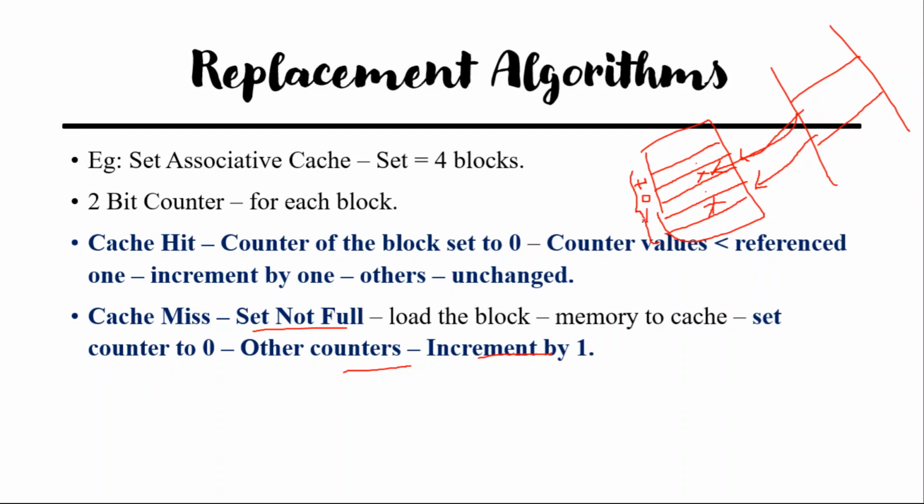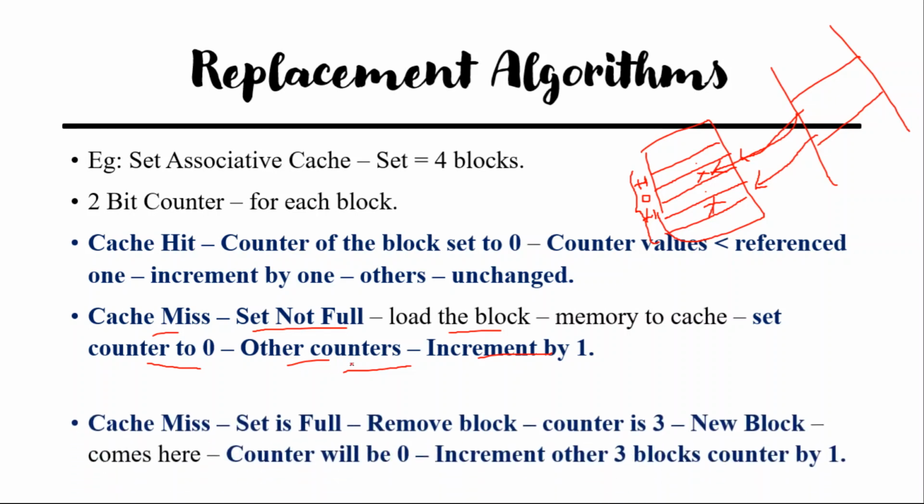For this block also the counter will be incremented by 1. In our case, this block we assumed is also empty, so there is nothing. So if there is a cache miss and the set is not full, then just load the block from the memory to the cache, set the counter to 0, and increment the counters for the other blocks by 1.